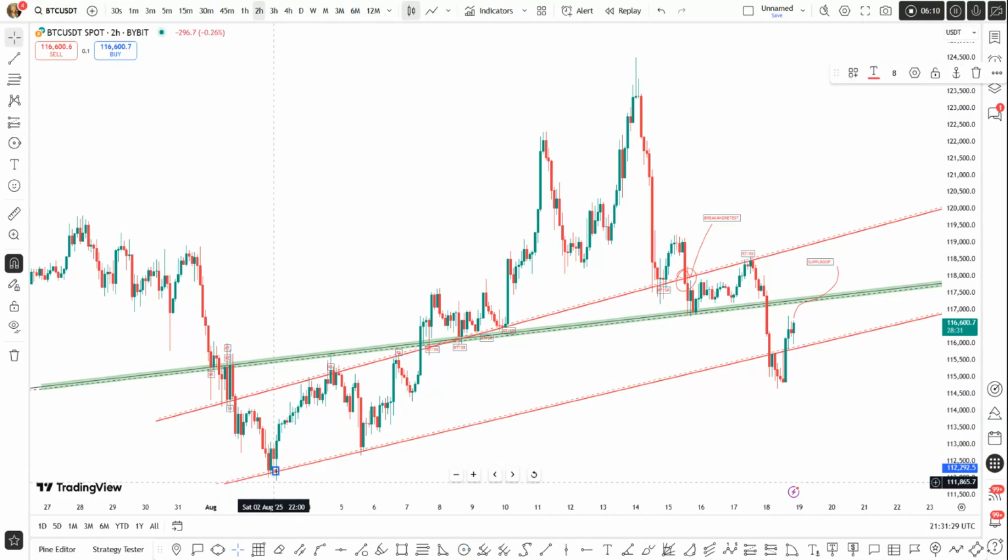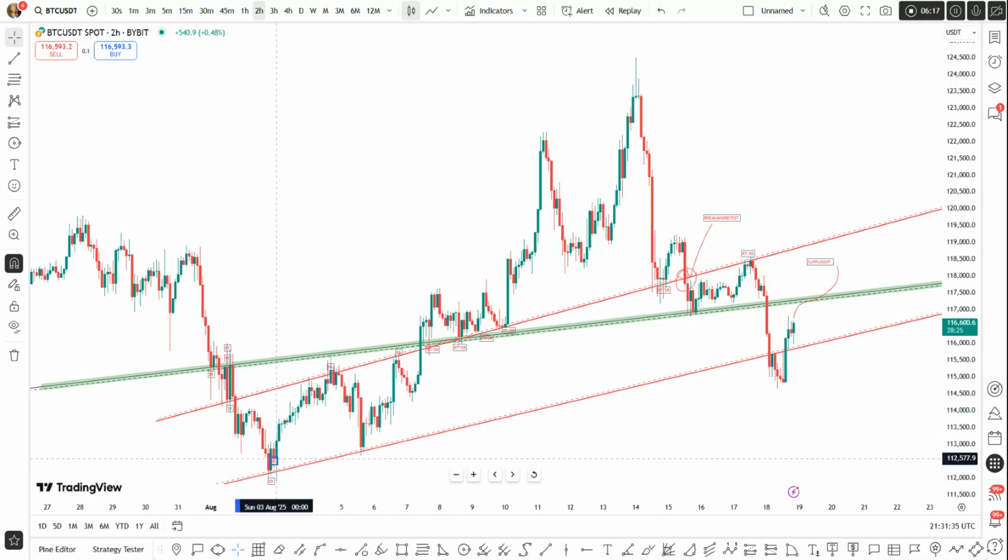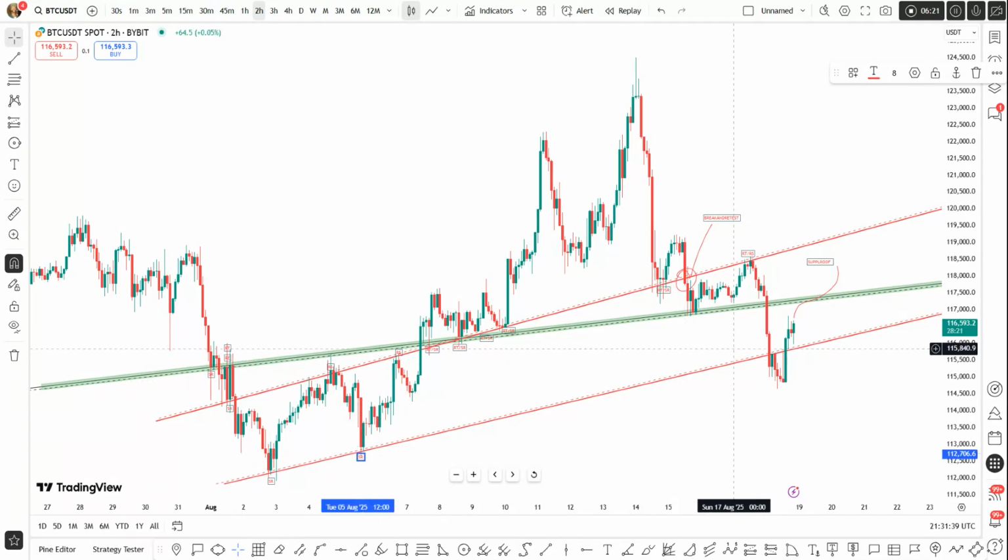So that's SR1, support becomes resistance and breaker structure. And we have SR2, support becomes resistance and breaker structure. And we have here another breaker structure. What structure was broken? An SR level, followed by a retest.